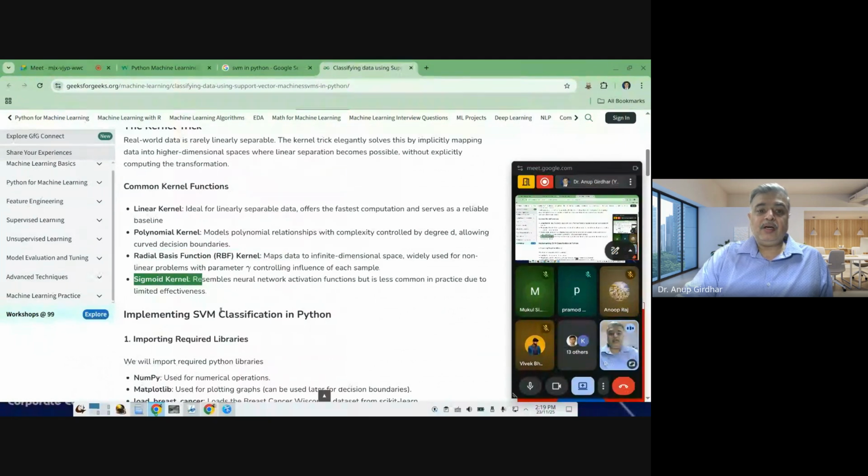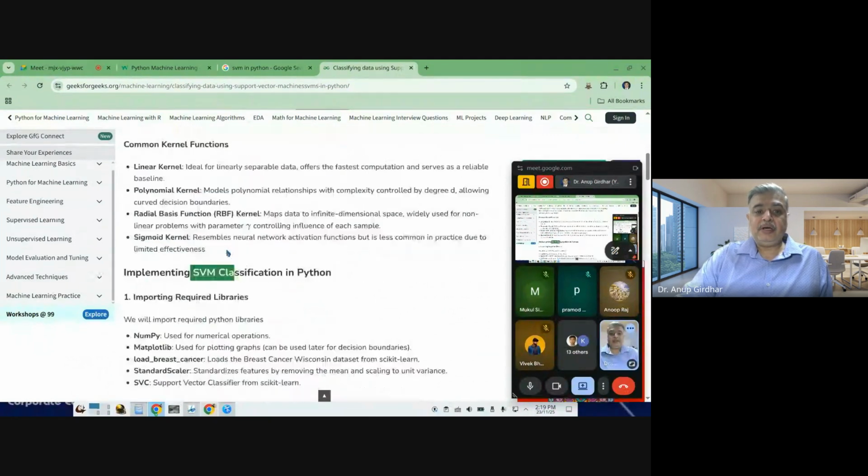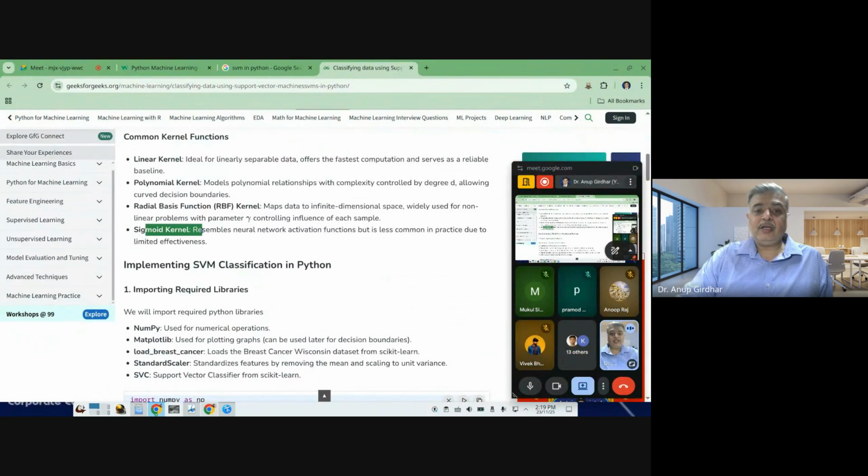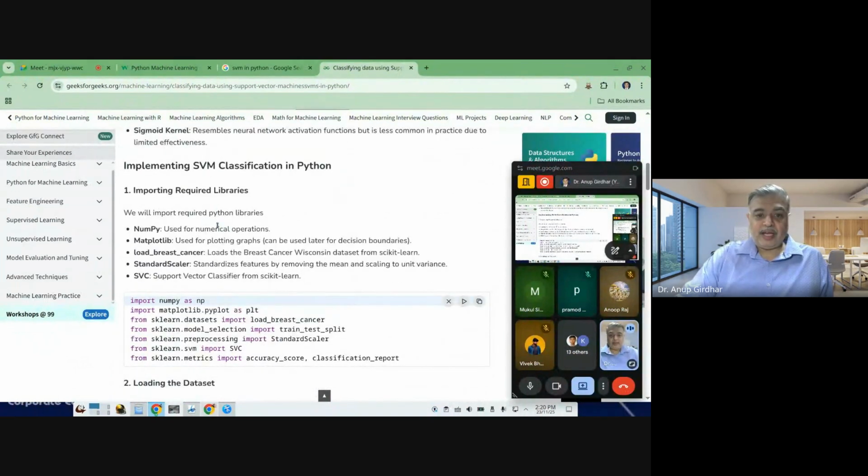Generally in SVM, you might see either the sigmoid kernel or sometimes the linear kernel. It depends on which type of kernel you want to use, so that your data is managed in a generalized form.